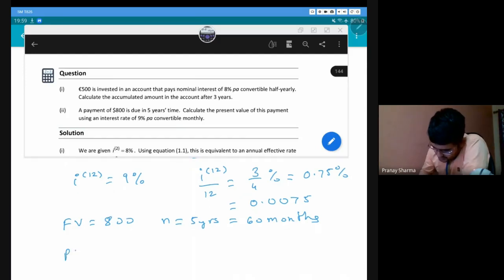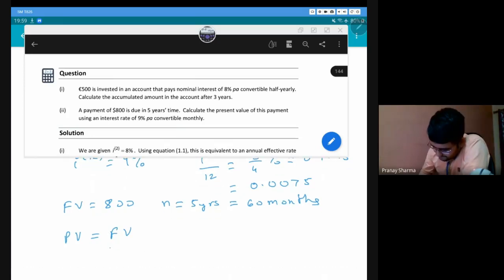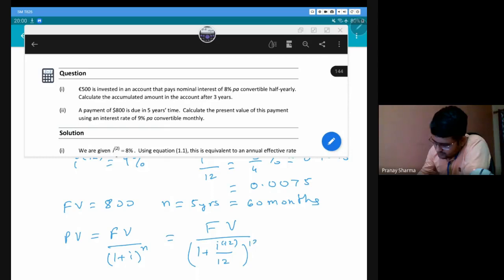The present value is equal to future value divided by 1 plus I raised to n, or we can replace our 1 plus I by 1 plus I12 by 12, the whole raised to 12 into n.